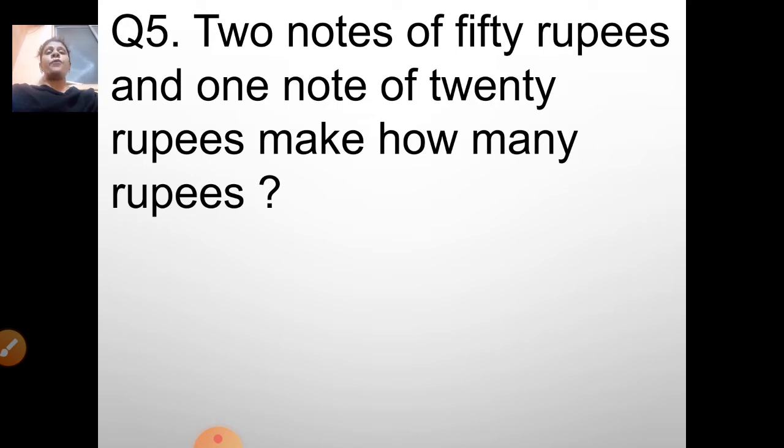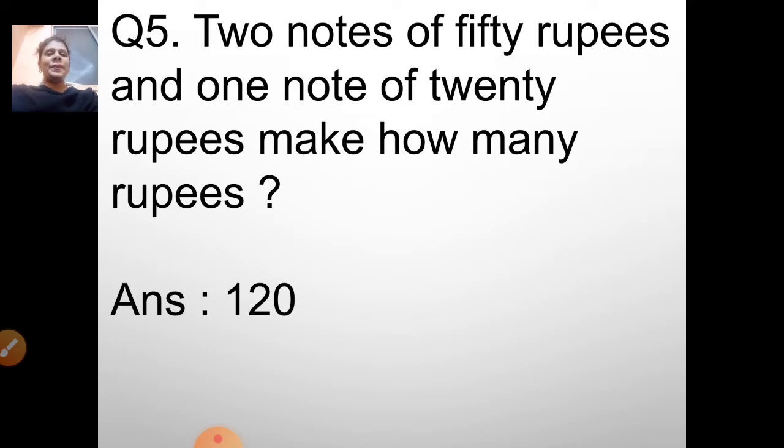First tell me, two notes of 50 rupees will make how much? 50 plus 50 will be 100. Correct. To that 100, add this one note of 20. So it will be rupees 120.